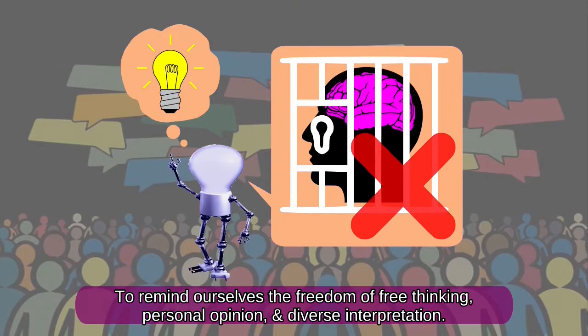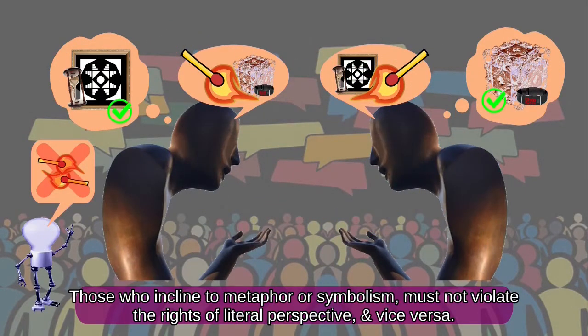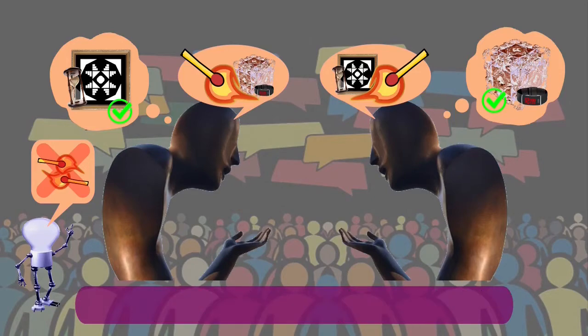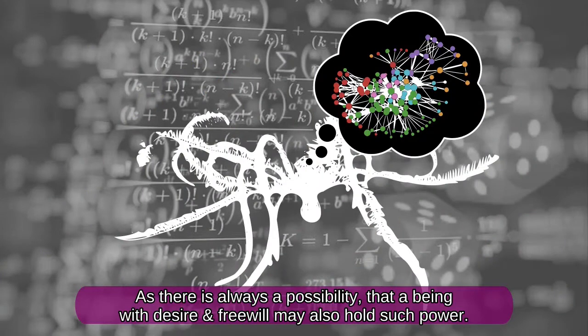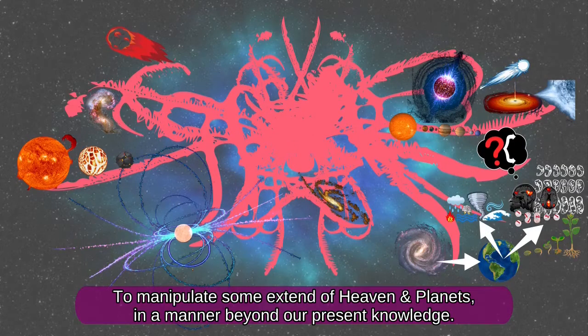To remind ourselves of the freedom of free thinking, personal opinion, and diverse interpretation: those who incline to metaphor or symbolism must not violate the rights of literal perspective, and vice versa, as there is always a possibility that a being with desire and free will may also hold such power to manipulate some extent of heaven and planets, in a manner beyond our present knowledge.